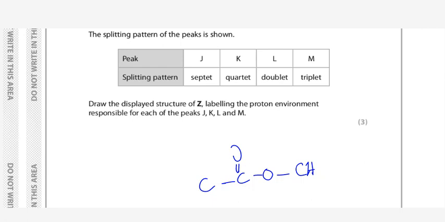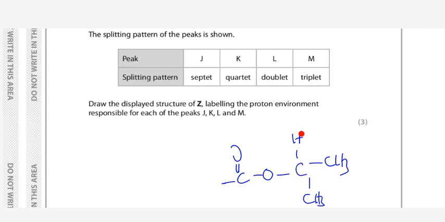The question arises, what's a septet? Is it 6 or 7? It's 7. That confirms that this carbon is a CH. I will draw the displayed formula here. The carbon over here has to be grouped like this.